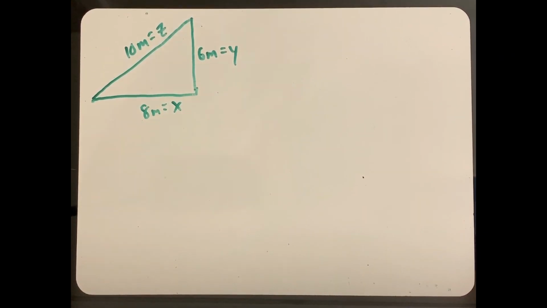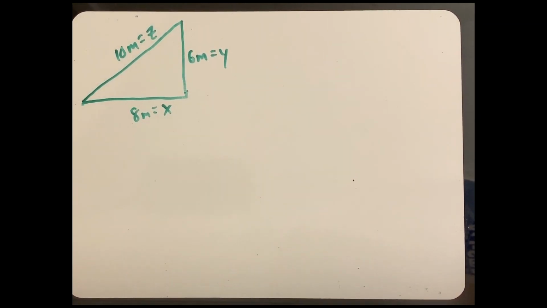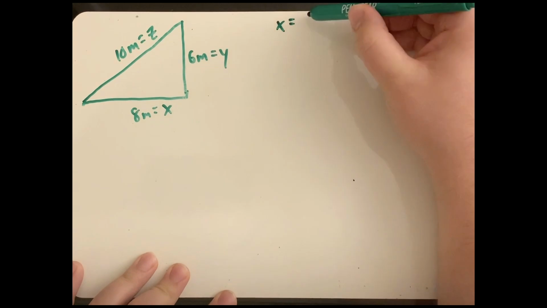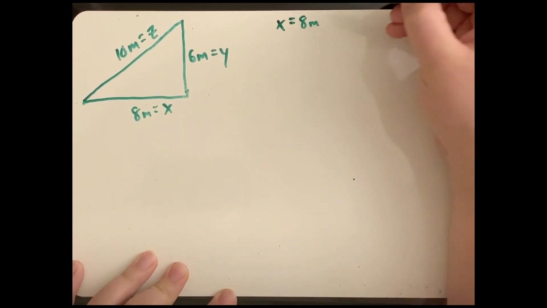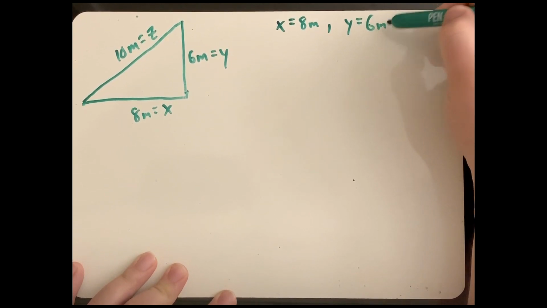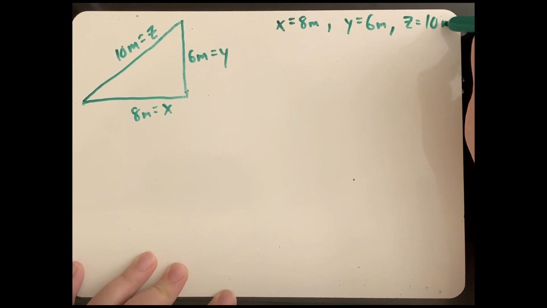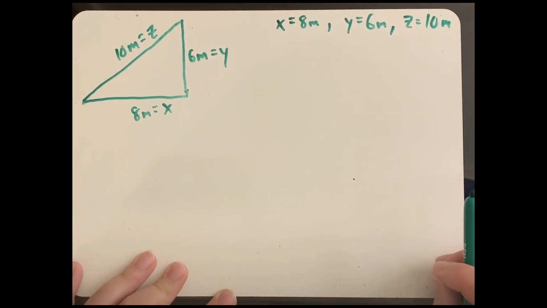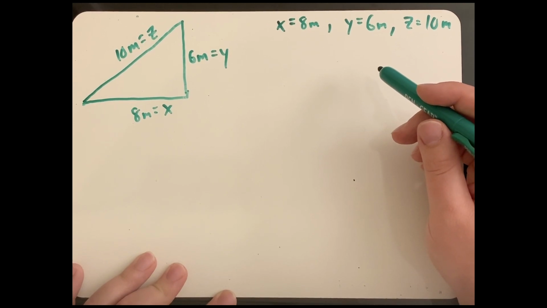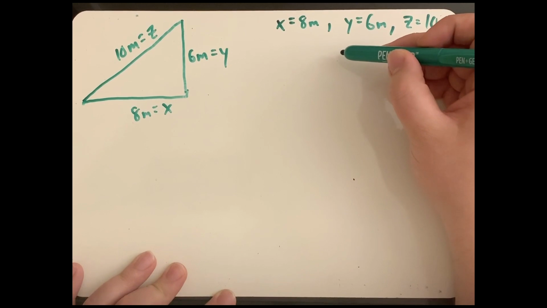All right. As far as knowns and unknowns go, we have x equals 8 meters, y equals 6 meters, z equals 10 meters. We know that when we're at 6 meters, the ladder is sliding down at a rate of 2 meters per second.